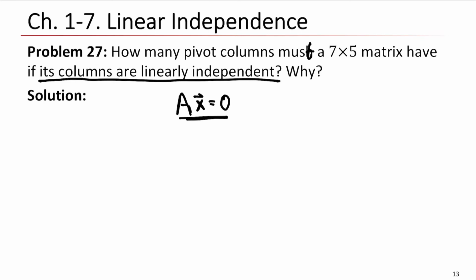Then in this case, it means that the columns of matrix A are linearly dependent, right?